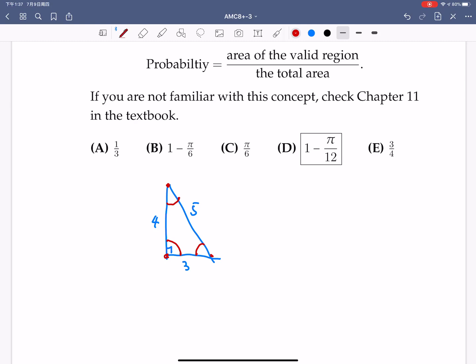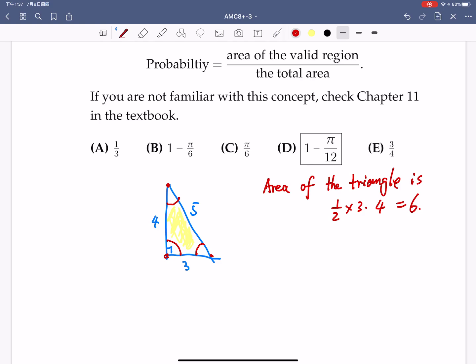So the question becomes that we need to find the percentage of the area of the yellow region towards the total area. First, the area of the triangle is half times 3 times 4, which is equal to 6.